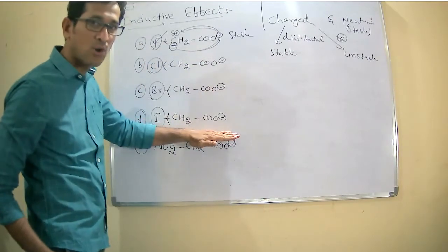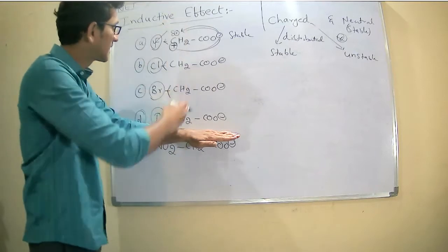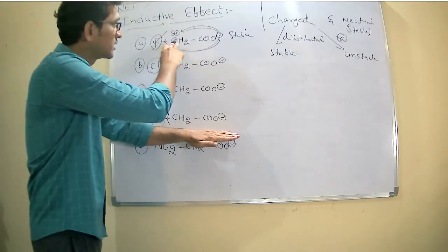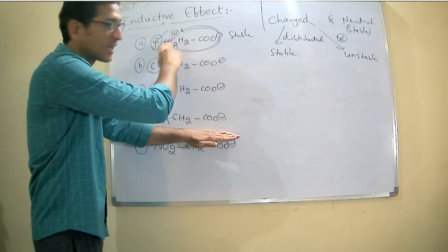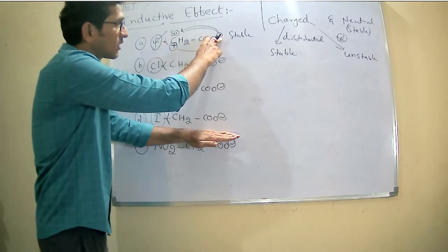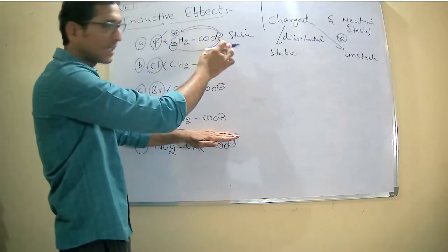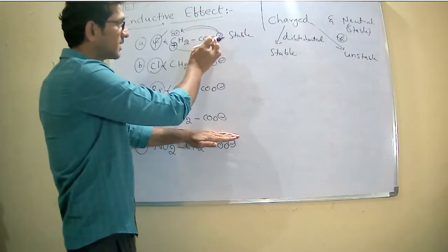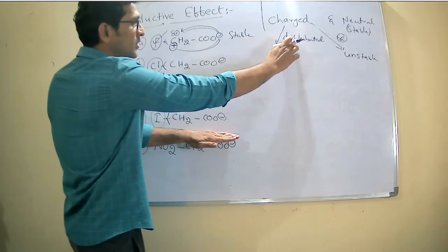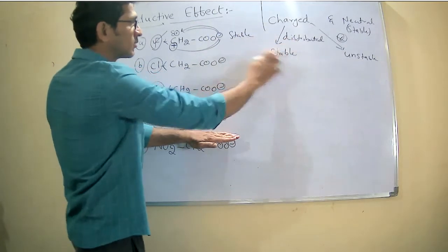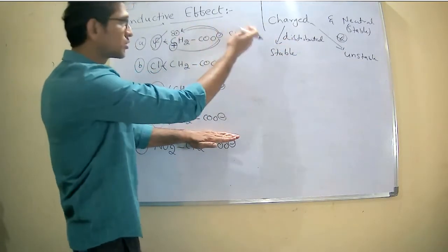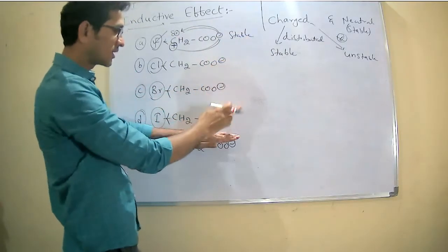So far, there is no option E. We can easily decide that as fluorine is more electronegative, it withdraws electrons from the carbon readily. That's why the electron distribution will also involve readily. Therefore, it is stable because electron distribution takes place. More electron distribution, more stable. Then follows, then follows, then follows.